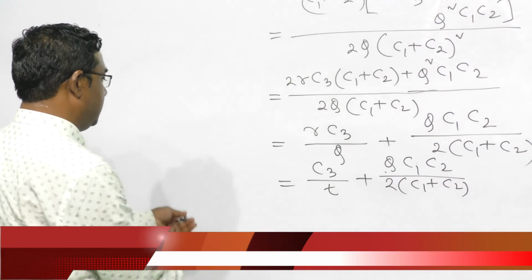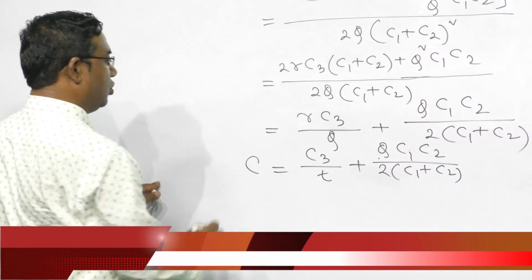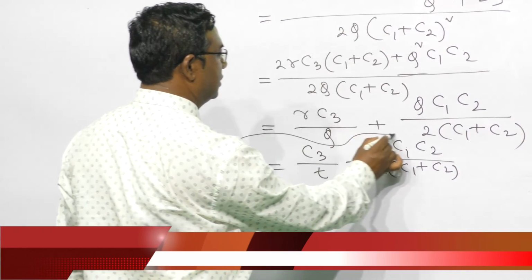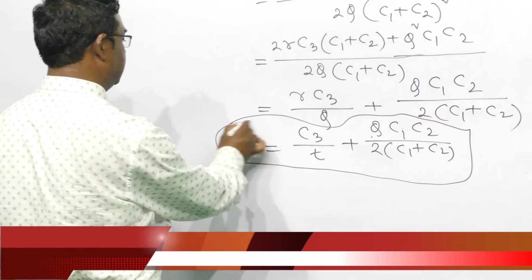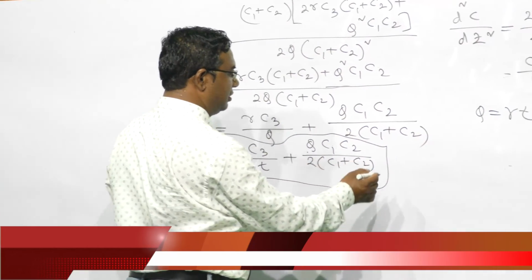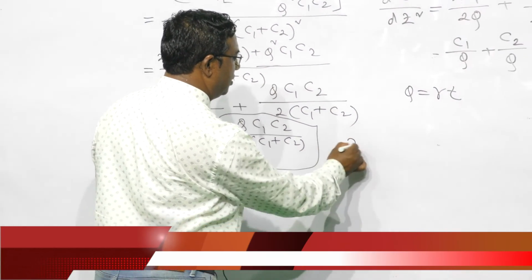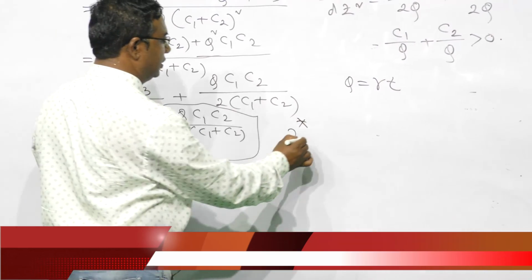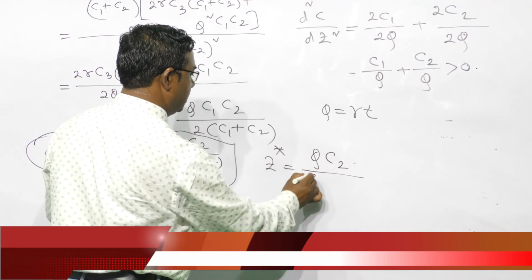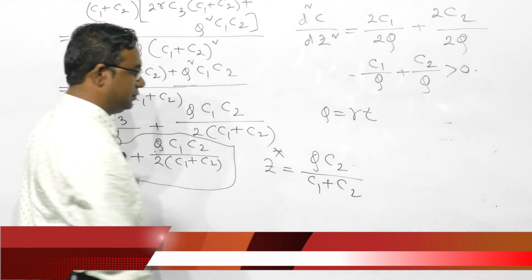So this is the optimal value of C, the minimum value of C. Then the initial optimal value of Z is QC2 by (C1 plus C2).